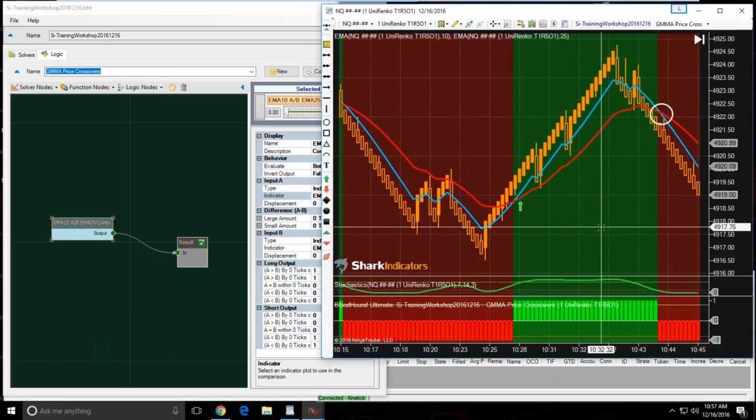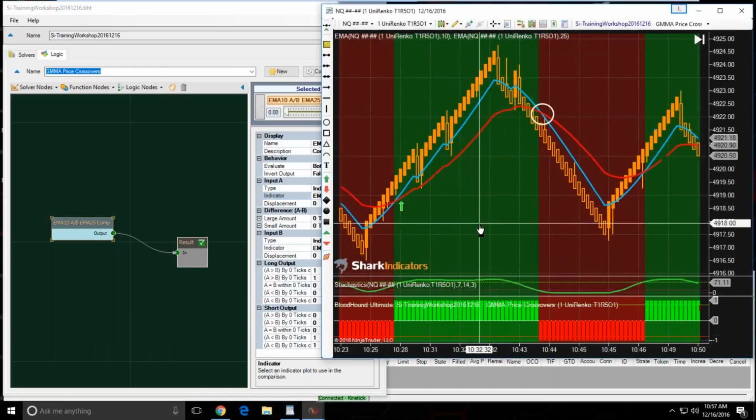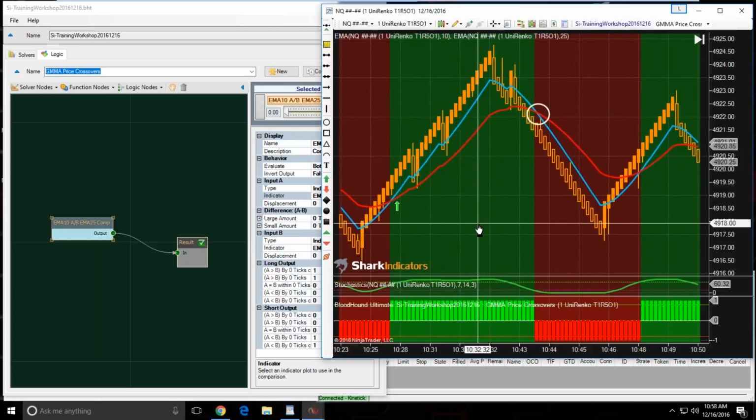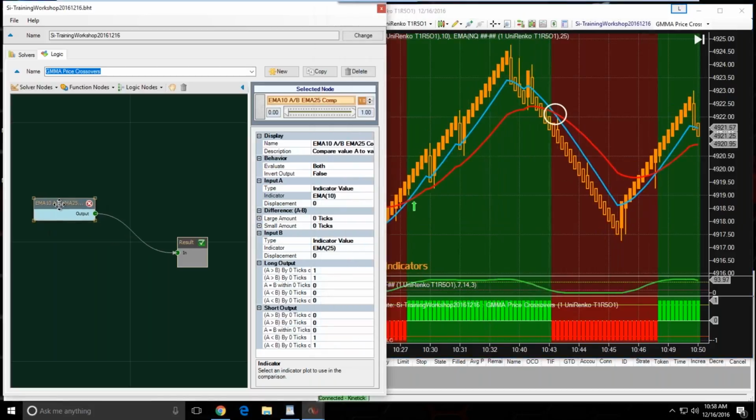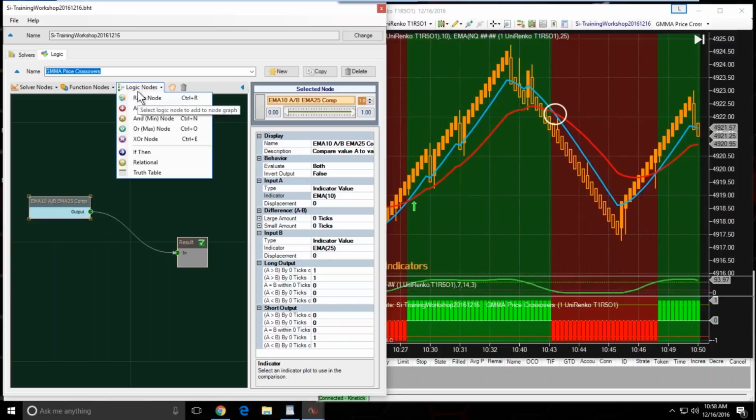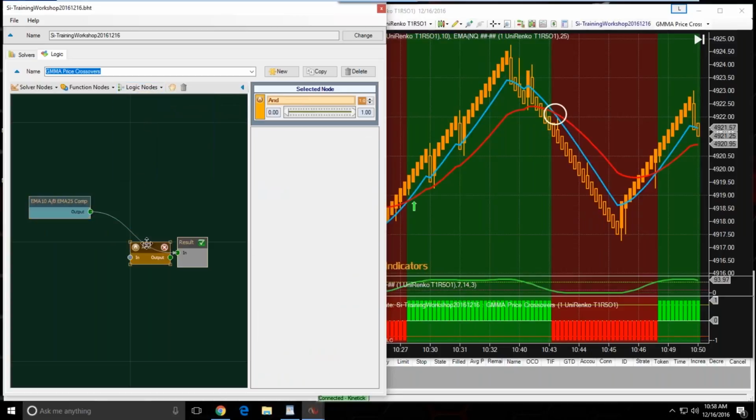Okay, if we look at the chart, there we go. There's our crossed up or crossed down state or condition. So this acts as a filter now. When I use this solver with an AND node, I'm going to plug that into an AND node like this.